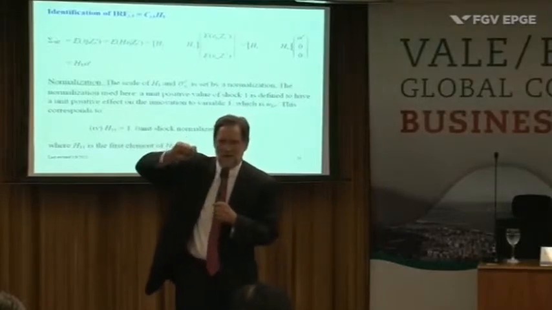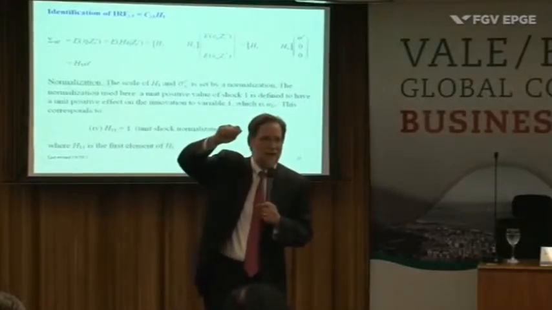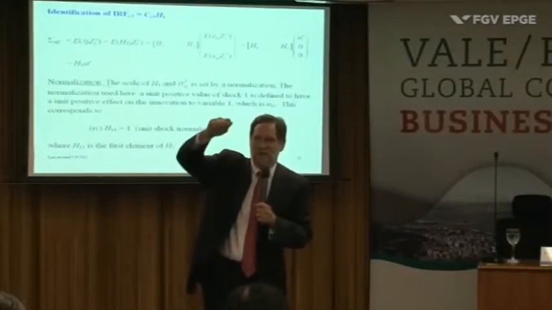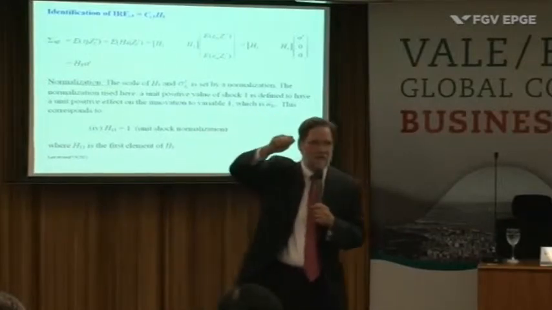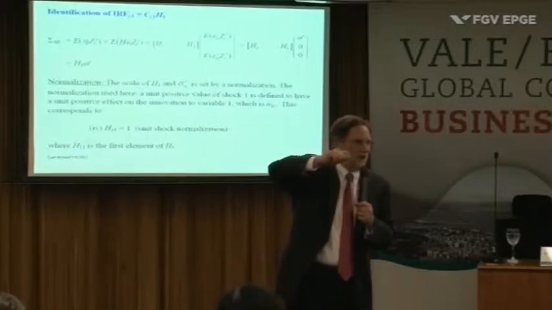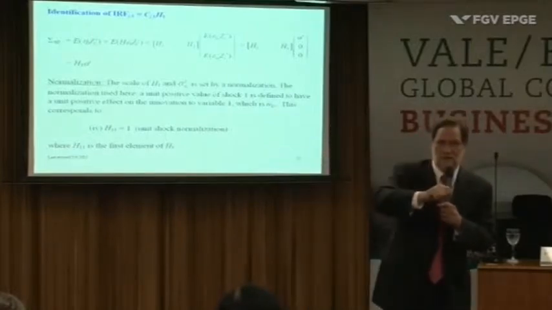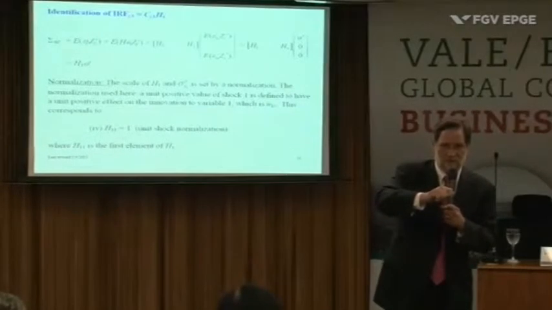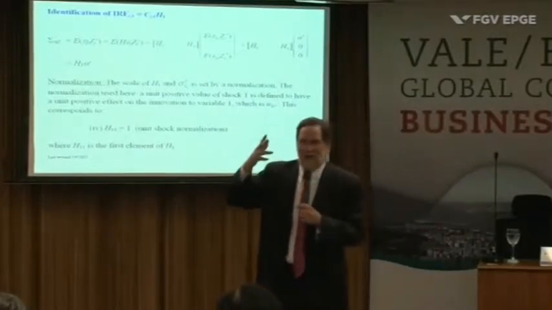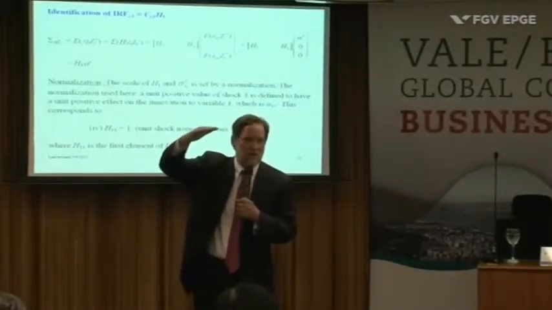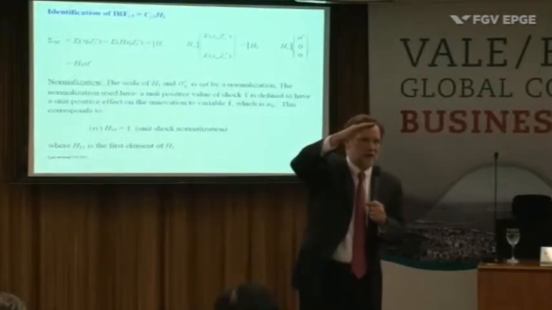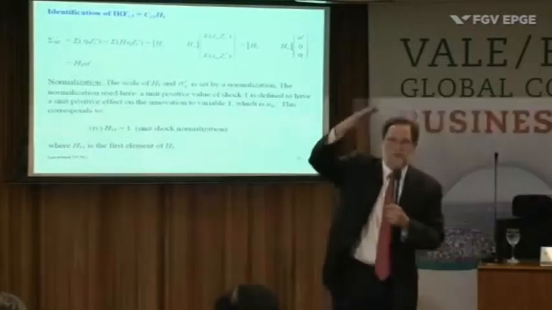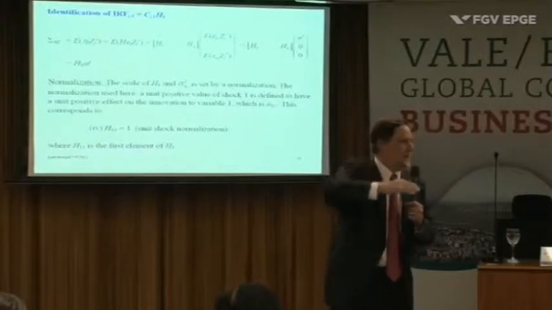His monetary policy shock on impact moved Fed funds up by 50 basis points, and then after a while, it moved output down by 30 basis points. So the way you think about that is a 50 basis point move in Fed funds led to a 30 basis point movement in output.